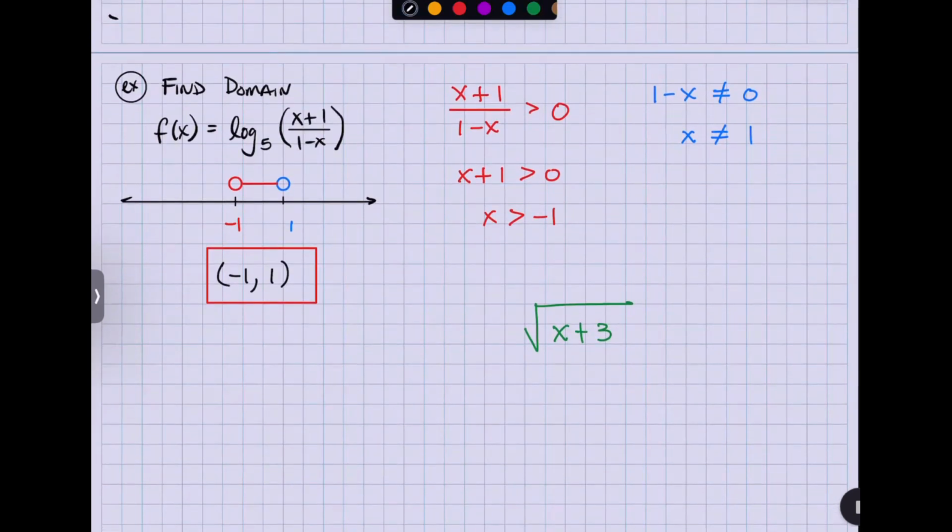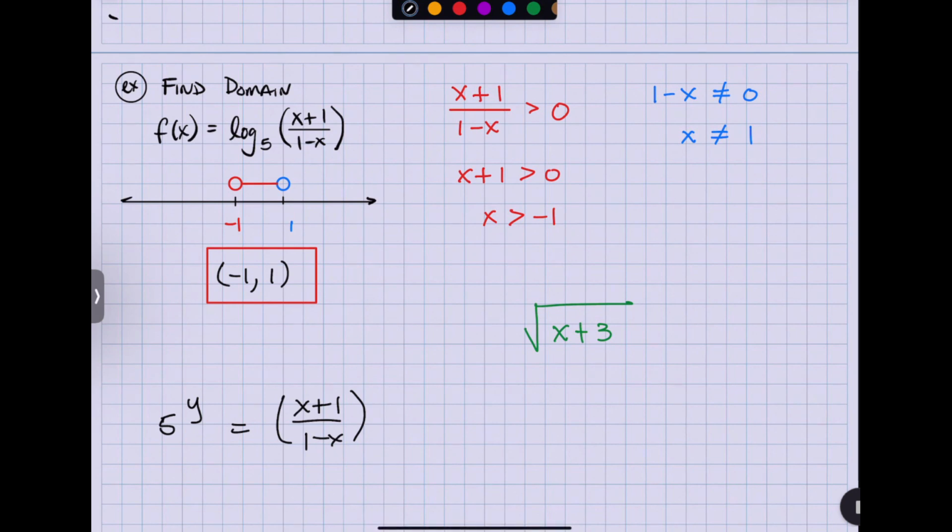It'll be 5 to the y is equal to x plus 1 over 1 minus x, because the base would just go over to the other side, and then the log goes away. We okay?